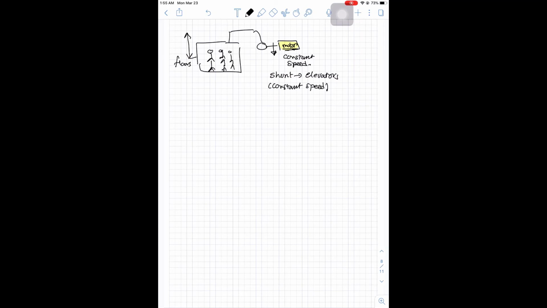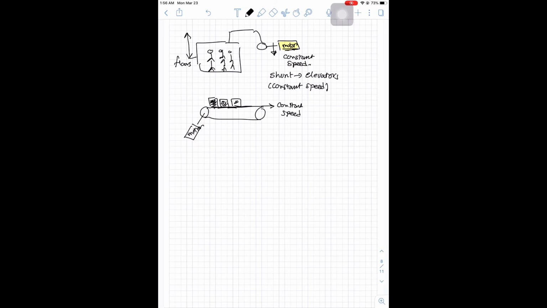Another application for the DC shunt machine is conveyor belts. If you have a motor running a conveyor belt and you are putting boxes on it, you need the conveyor belt to go at constant speed regardless of how many boxes you have. If you have one box, two boxes, or whatever the number of boxes, you need your production line to go at constant speed.